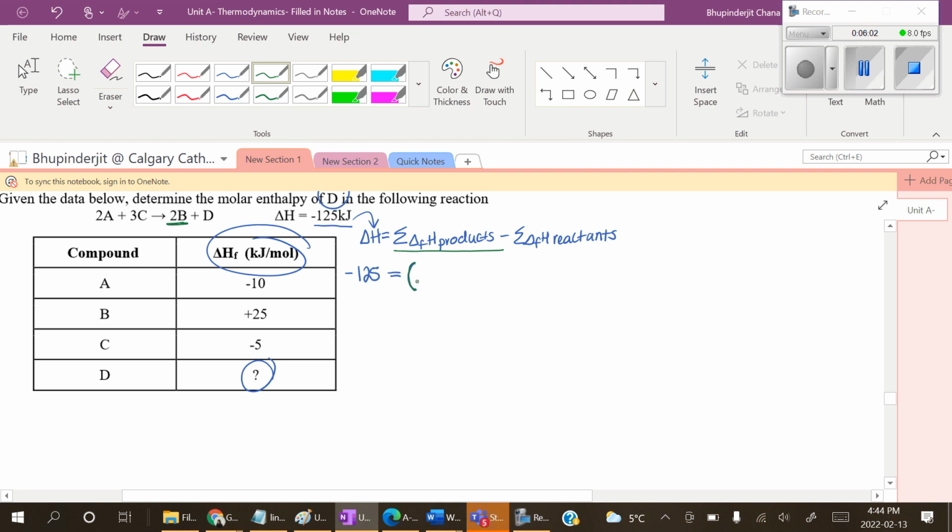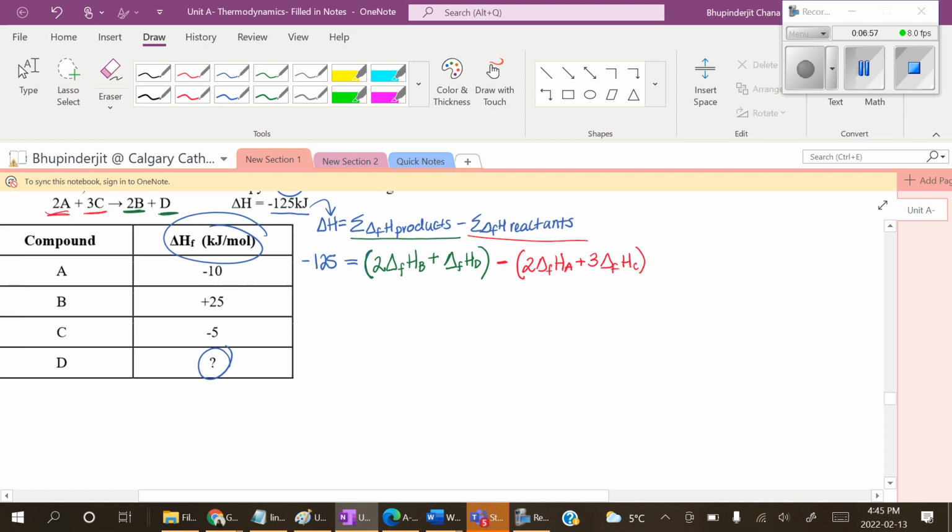Our first product is 2, and then we're going to take our change in delta H formation for the compound B, plus 1, so I'm not even going to write that, plus our delta HF of D, minus, I'll do that in red, minus bracket, our reactant, so 2A, so delta FH A, plus 3 delta FH C.